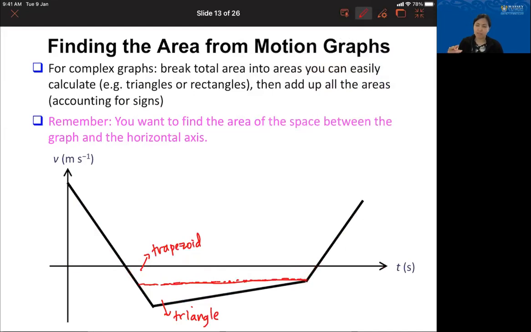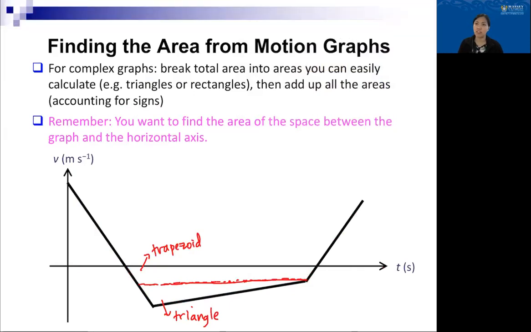So yeah, it's totally up to you. If you can easily visualize that there's a trapezoid in this irregularly shaped area here, then you can just divide it into a trapezoid and a triangle, and you should still get the same value for the displacement as if you've divided this area into rectangles and triangles. Okay.